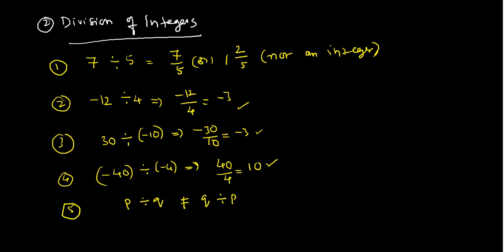Take an example: 3 divided by 1 is equal to 3, whereas 1 divided by 3 is not 3, it is 1 by 3. So 3 divided by 1 is not equal to 1 divided by 3. These are the points to be remembered.